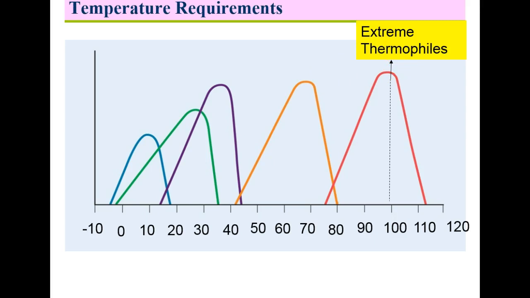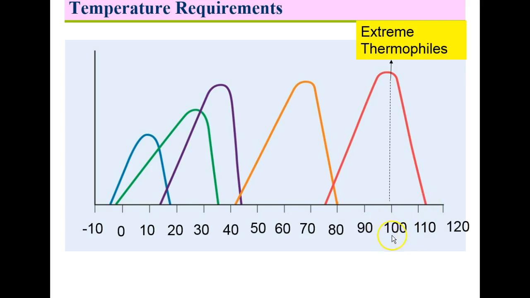The last group are the extreme thermophiles. These are rare organisms found in environments like sulfur springs or hot springs. Look at the temperature range. The minimum temperature required for these organisms' growth is about 75 degrees centigrade, with a maximum temperature above 110 degrees centigrade.